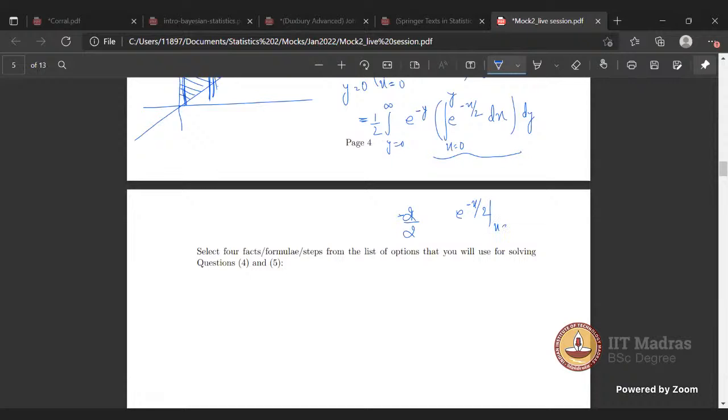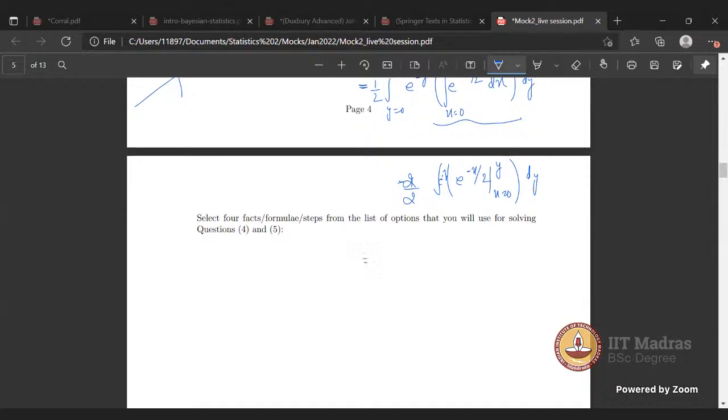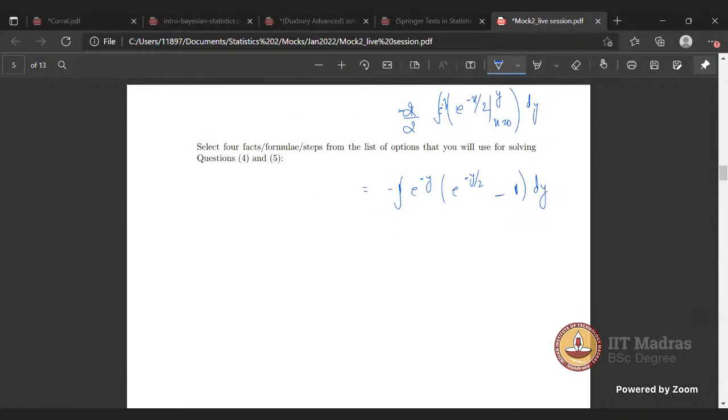Now the limit of x is 0 to y, dy, e to the power minus y. So this is going to be minus 1, e to the power minus y, and e to the power minus y by 2 minus e to the power 0, that is 1, dy. I can write this as minus e to the power minus 3y by 2 minus e to the power minus y, dy.